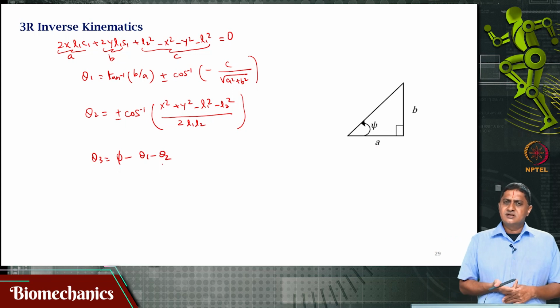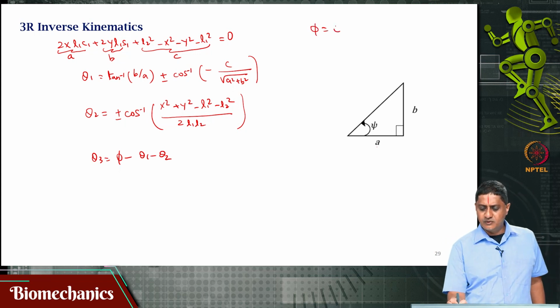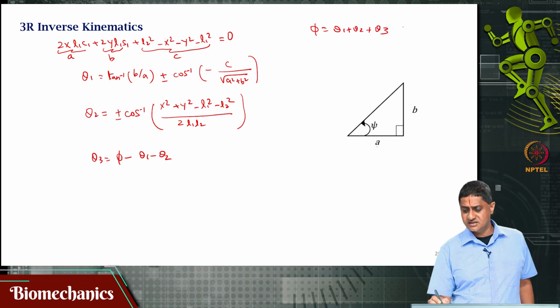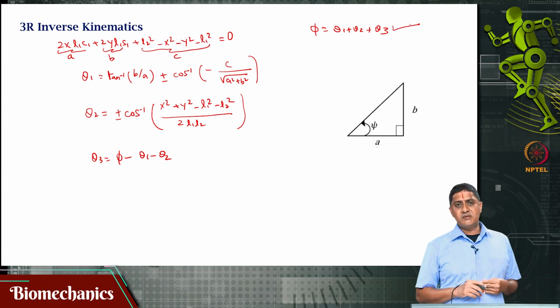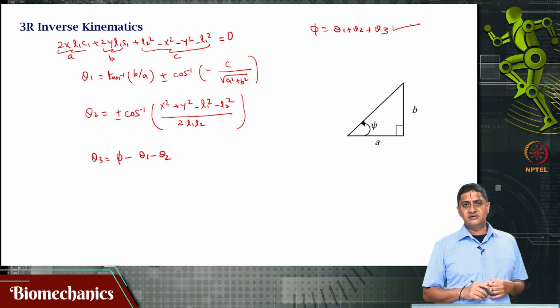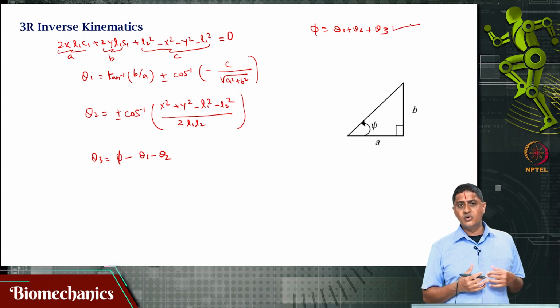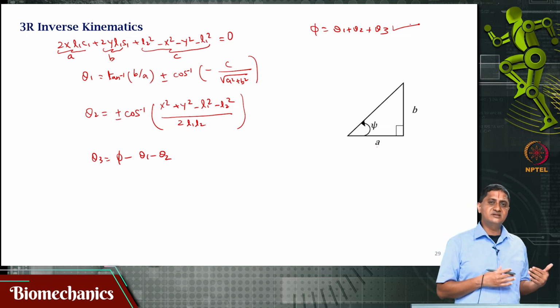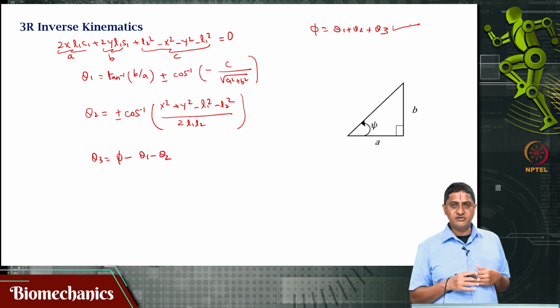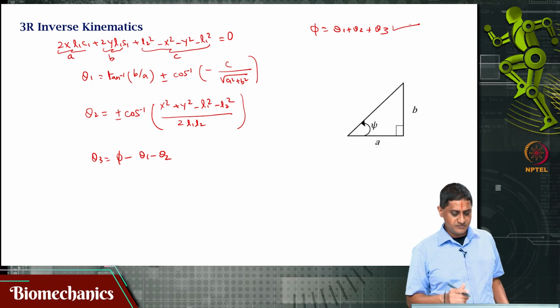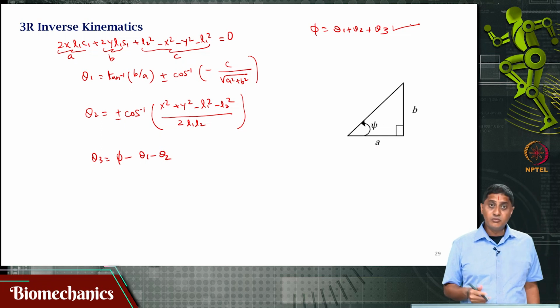Now, a question is, can you do this without assuming phi is equal to theta 1 plus theta 2 plus theta 3? The answer is no. If you do not know the sum of theta 1, theta 2 and theta 3, or rather if you do not know the inclination that the final link makes with the ground, you will not be able to find theta 1, theta 2 and theta 3. Remember this.